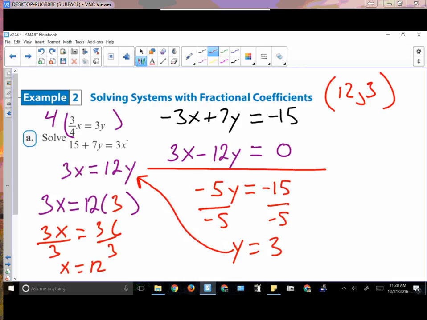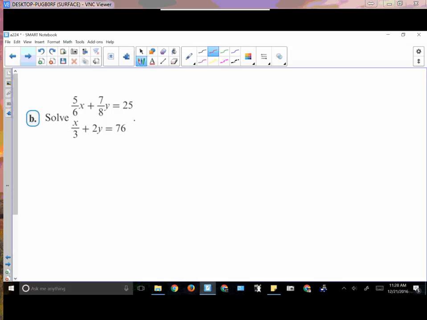Okay. So try another one. Ooh, more fractions. Ugly, ugly, ugly, right? So, let's see. I look at this. I want to get rid of a 6 and an 8. What's a good number to multiply through to get rid of a 6 and an 8? Well, what kind of a number would they both share?